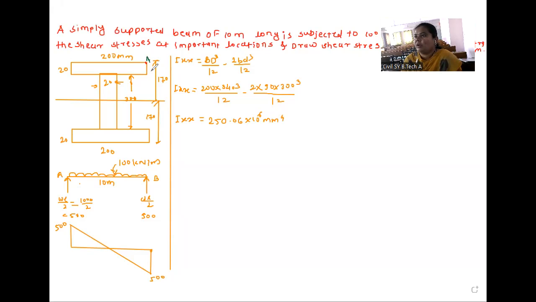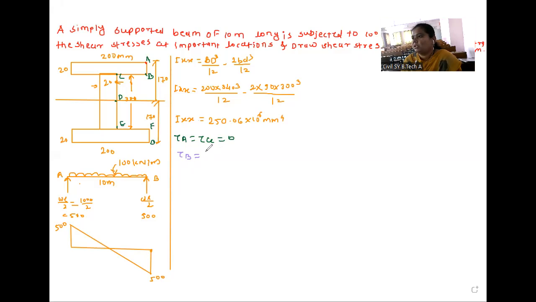Suppose this is point A, this is B, this is C, this is D, this is E, F, and G point. Already we have studied that shear stress at top and bottom is 0. So tau A equals tau G equals 0. After that, we will calculate tau B.